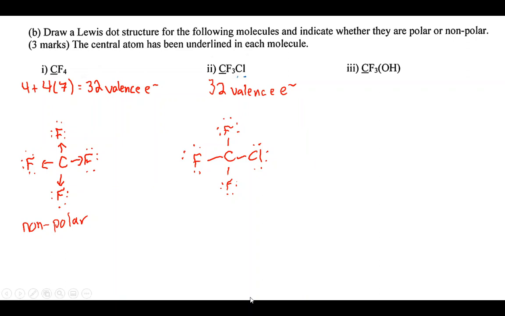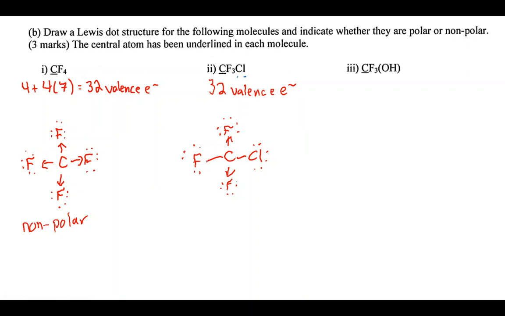Looking at this guy, you can see that the major difference here is the chlorine is breaking the symmetry that the other molecule had. So in terms of the electronegativity tug of war, these two fluorines are going to be pulling against each other, and they're going to cancel.